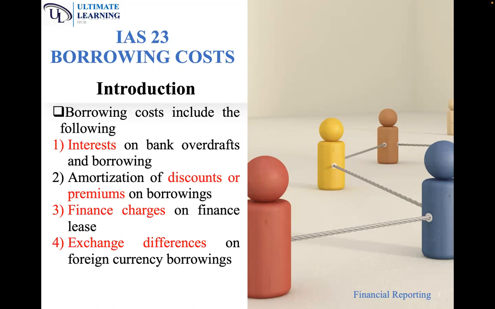It may also include finance charges on finance leases, and we will cover it in a standard called IFRS 16 on leases. Point number 2, amortization of discounts and premiums on borrowings, we will cover under a standard called IFRS 9 financial instruments. Finally, it may also include exchange differences on foreign currency borrowing.